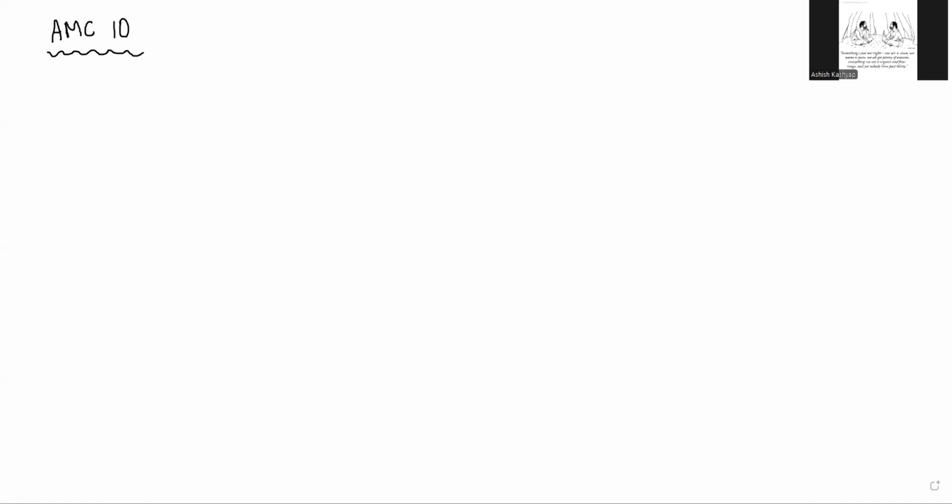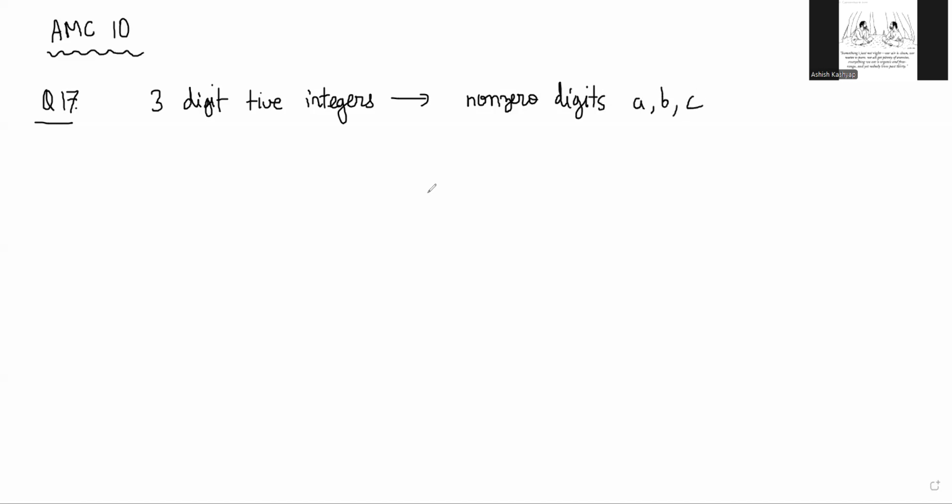Okay, so the question is about the number of three-digit positive integers. Let's look at that one. How many three-digit positive integers are there, with non-zero digits ABC, that satisfy the condition?